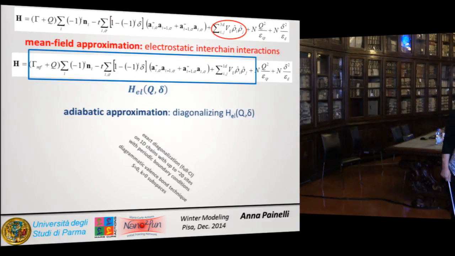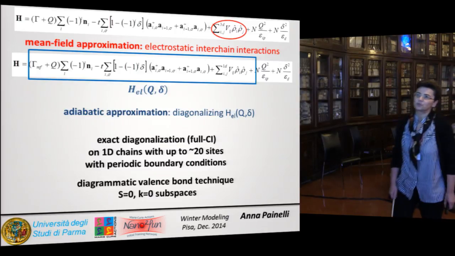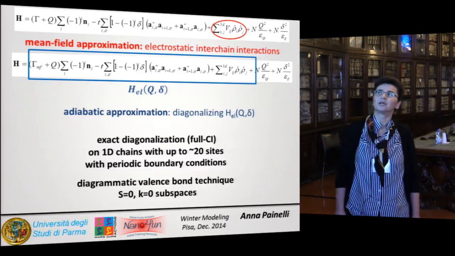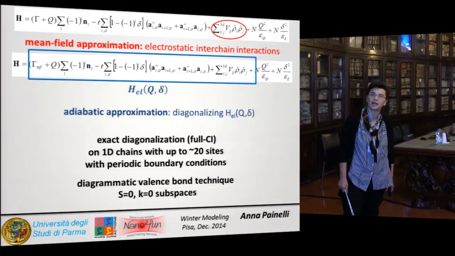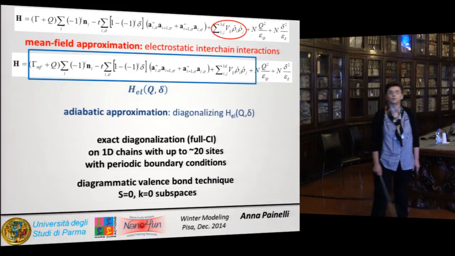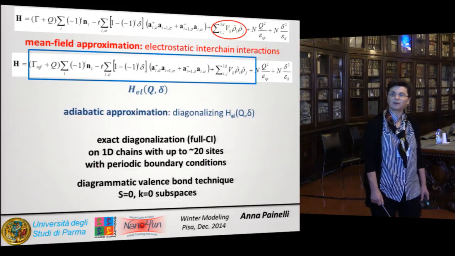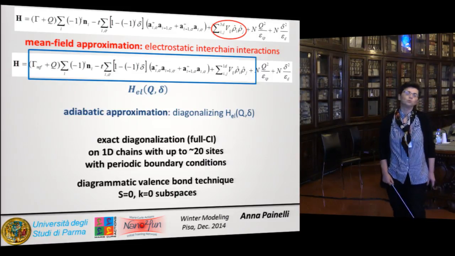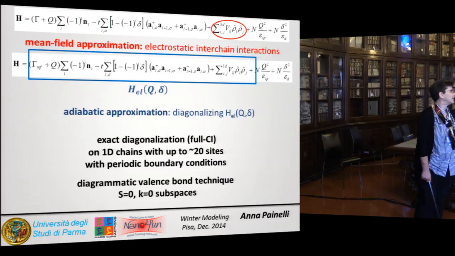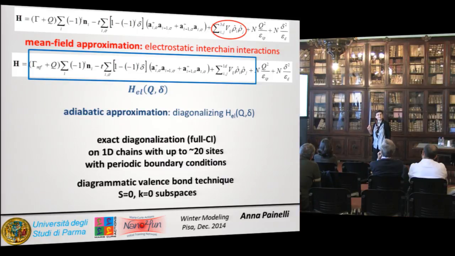And how do I treat this kind of Hamiltonian? I will resort to brute force diagonalization, which amounts to a full CI in your language. And what I can do are one-dimensional chains with periodic boundary conditions up to, to be really strict, 18 sites, not 20. 20 is not possible to me, at least.